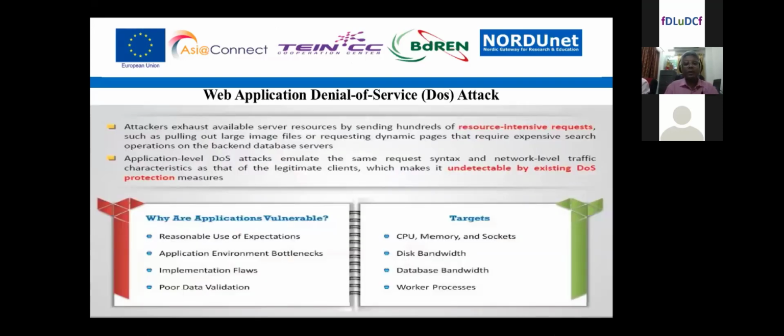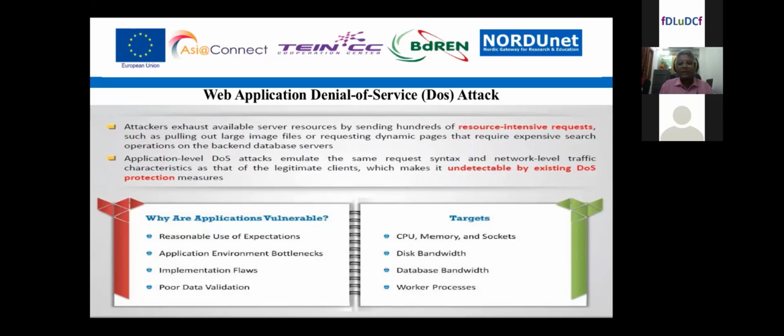So, web application DDoS attack. We know what a DDoS attack is now, because last time we showed you what DDoS is and how we can do a DDoS attack on a web server. So what we can do today is the same thing for the web application.